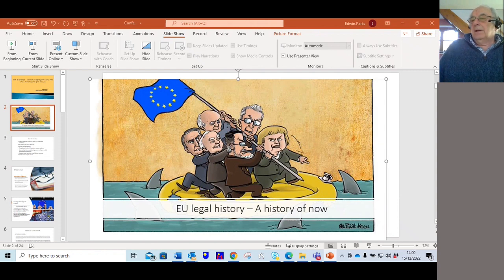And the last unit was on competition law and the protection of consumer rights.